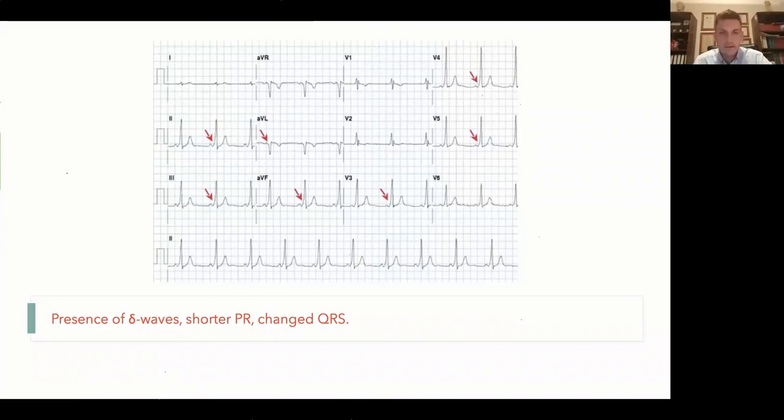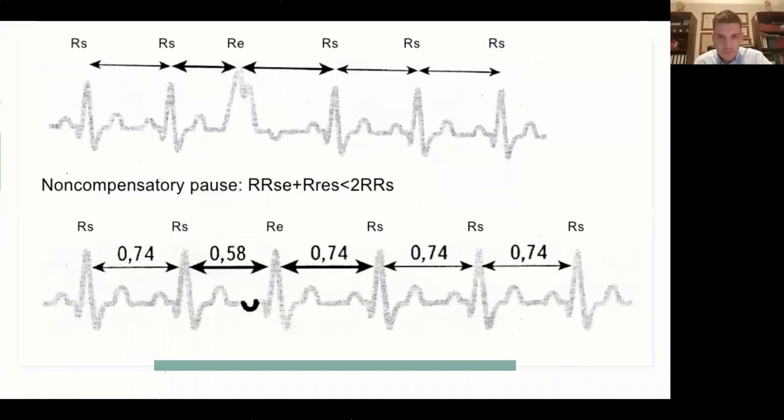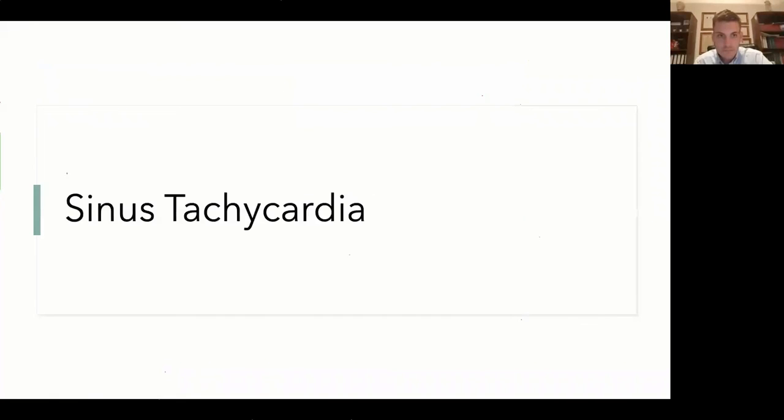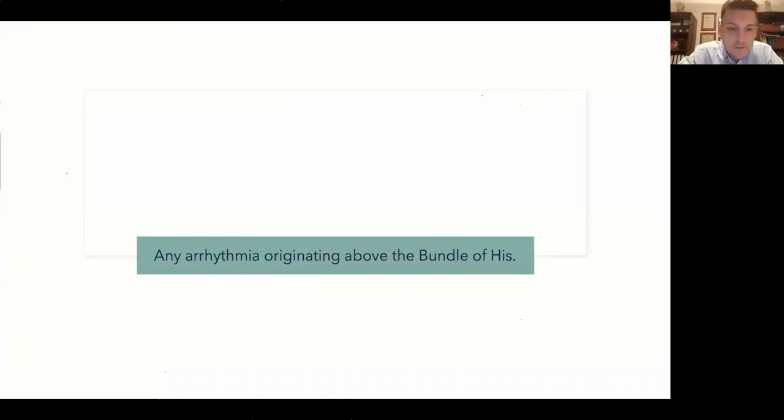Hi again. I was wondering if I could see the slide about the 10 rules, or 10 basics, of the ECG. Yes, please. Give me a second. There you go.